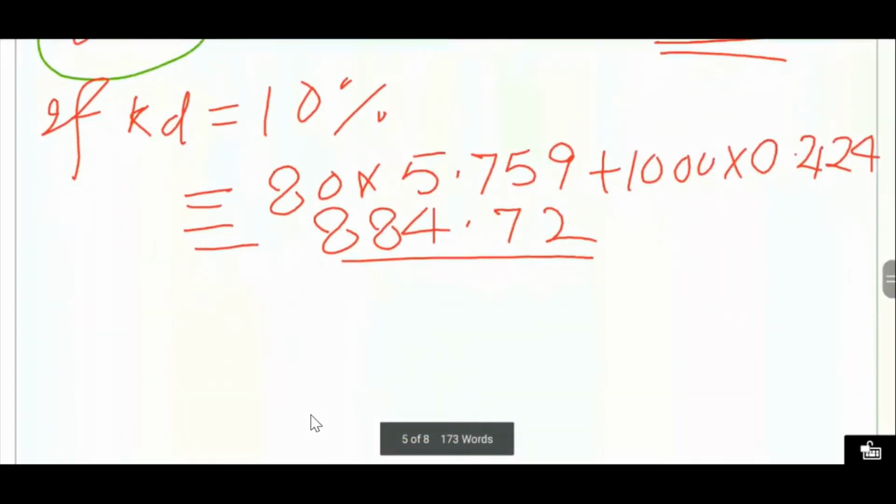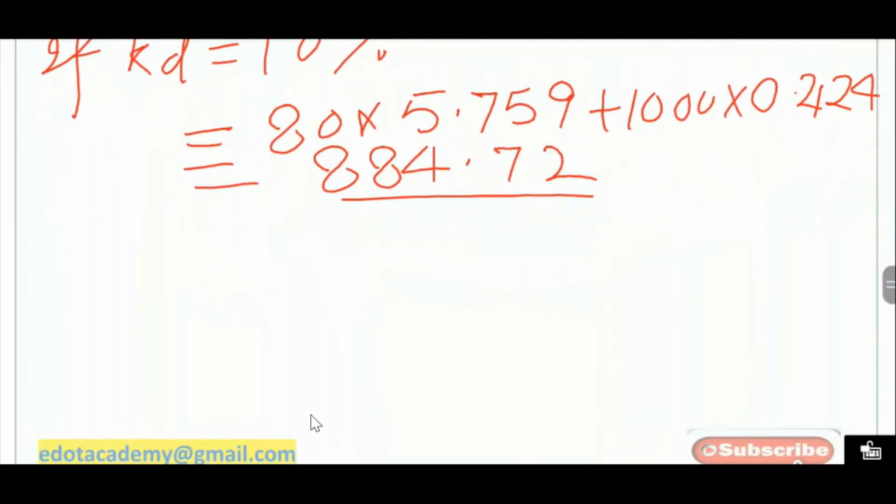This is called the interpolation method. That means our value is lying between 10% and 12%, more than 10% but less than 12%. Therefore, our YTM will be equal to, one formula is there, I'll write here YTM. Our YTM is more than 10%, so 10%, but plus something.